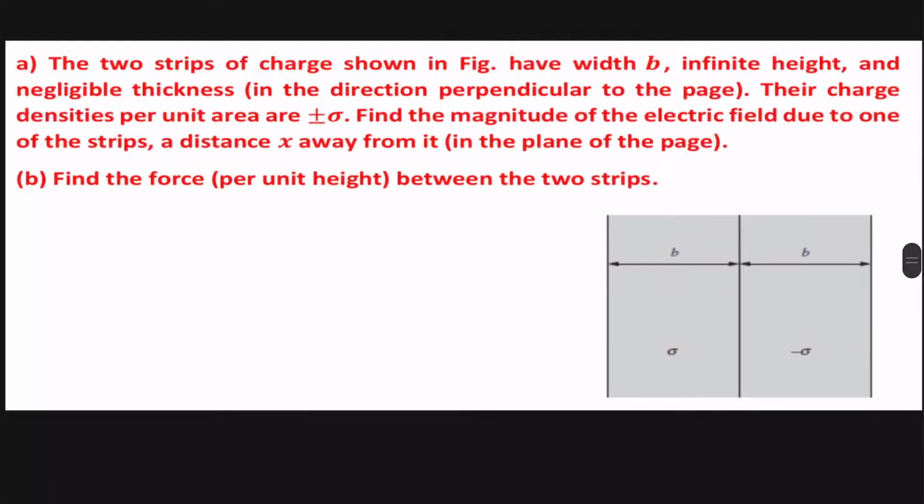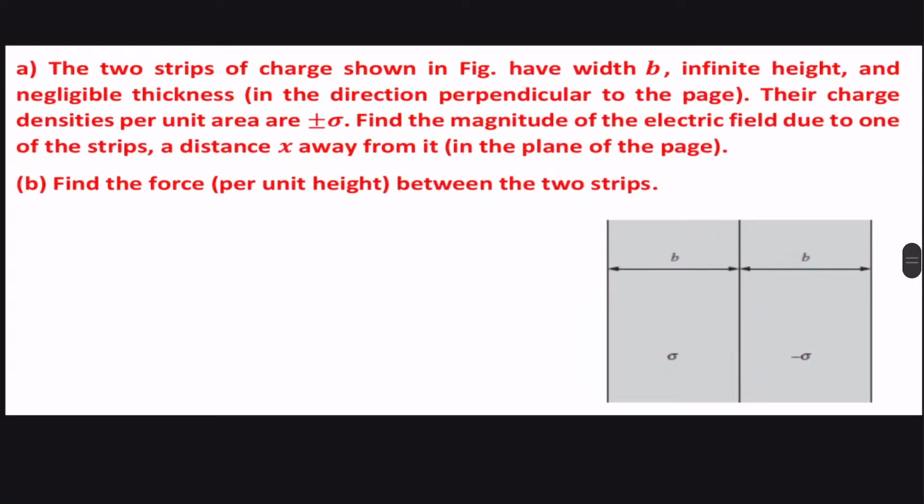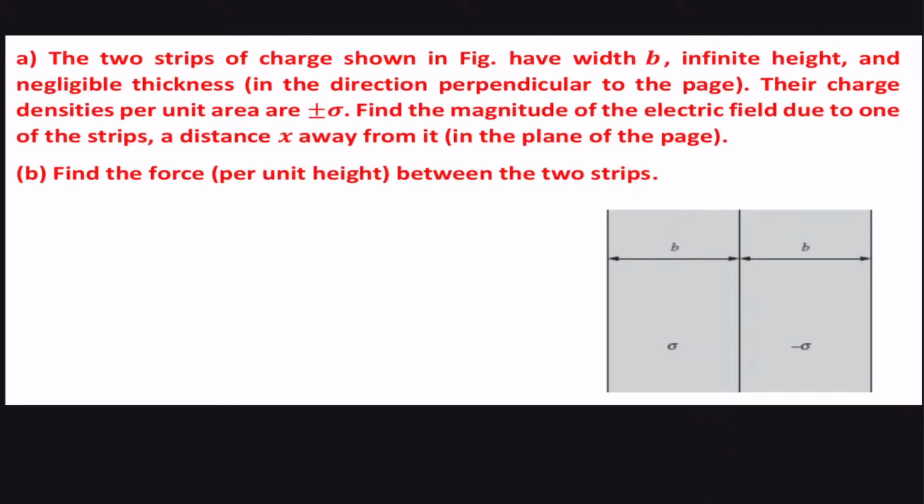Come to the next question. Okay, so in this question it is given that two strips of charges as shown in figure have a width b, infinite height and negligible thickness in the direction perpendicular to the page.